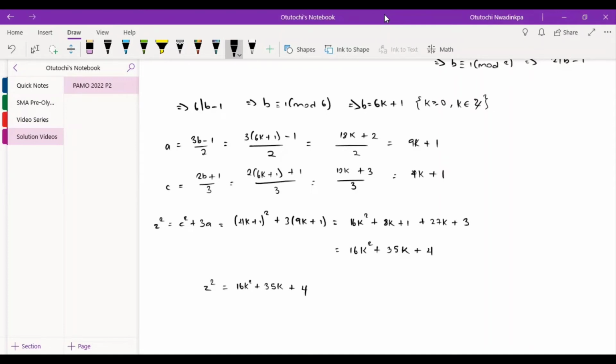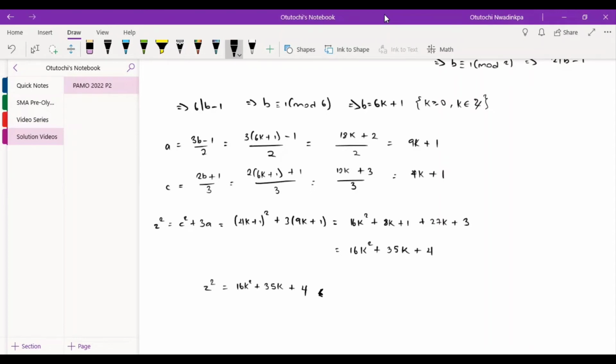Why was setting z up like this important? Because this will help us in bounding z. Remember, just the same way we bounded x with a and we bounded y with b, this will help us in bounding z. Now we're going to bound z with k, because we can get another square in terms of k that is evidently bigger than this.